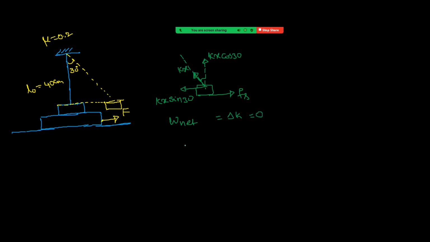Therefore delta K is 0. Now see how many forces are acting on the bar. mg downwards, normal reaction upwards, but displacement is along horizontal. Therefore, because of gravity and because of normal reaction, no work is done. Remaining is only the work done by frictional force, and next, the work done by spring force. The sum of these two should be equal to 0.